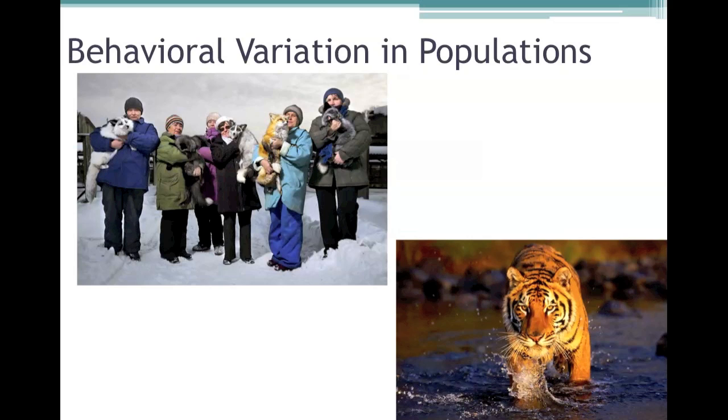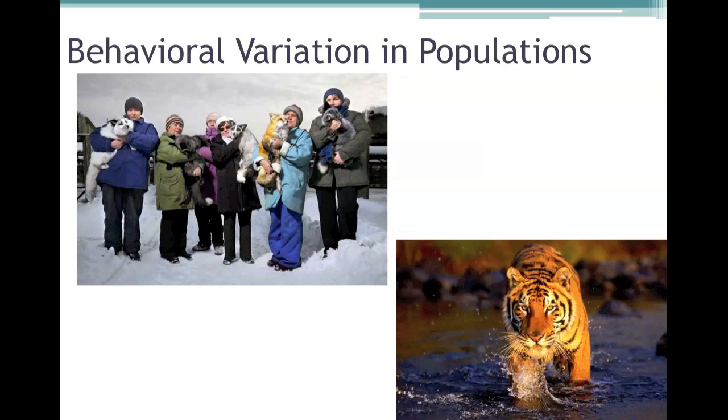This is only possible because there is already variation that exists within the population before the artificial selection pressure was applied. The same could be said for tigers. Most tigers like to have a territory. They spend most of their time in their jungle where it's easier for them to hunt. But every now and again, there's a tiger that displays some variation.